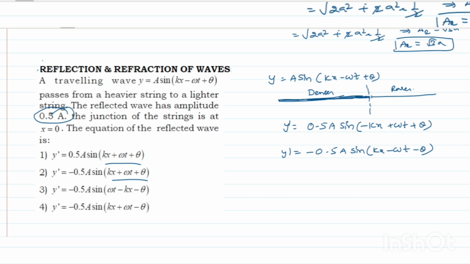Here it becomes minus kx, and it will be kx plus omega t minus theta. So yes, here it will be minus 0.5a into sine (kx plus omega t minus theta). This will be the correct answer.